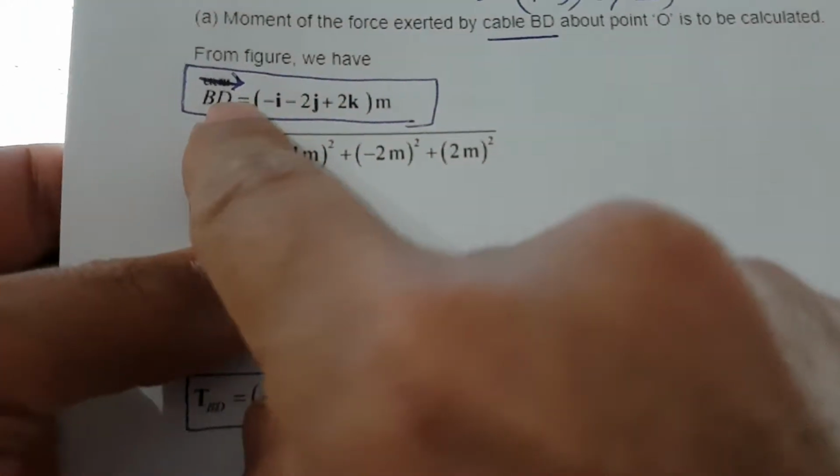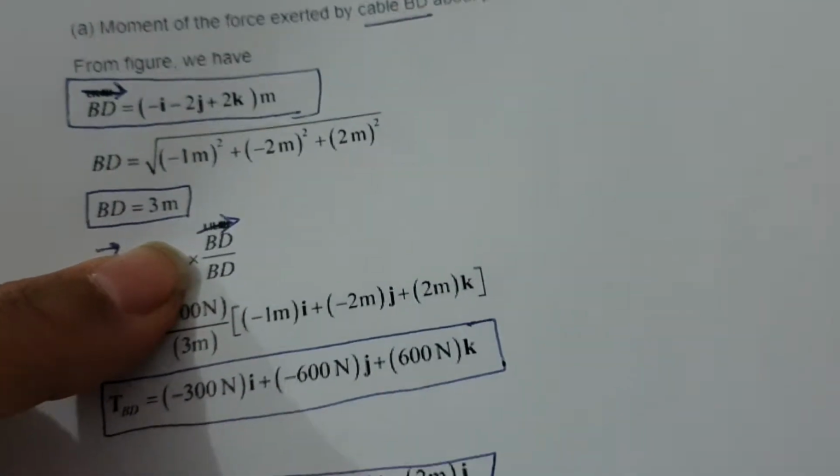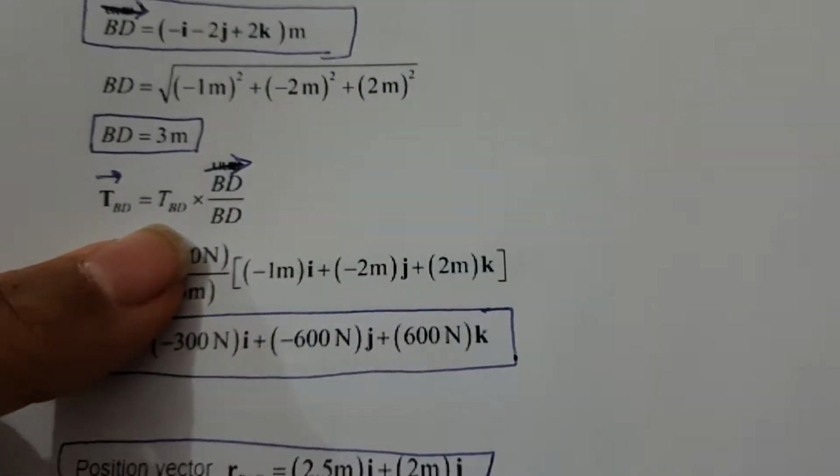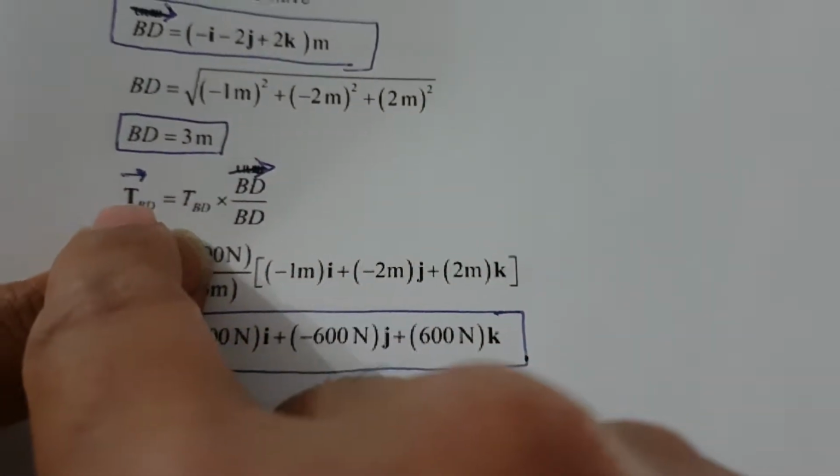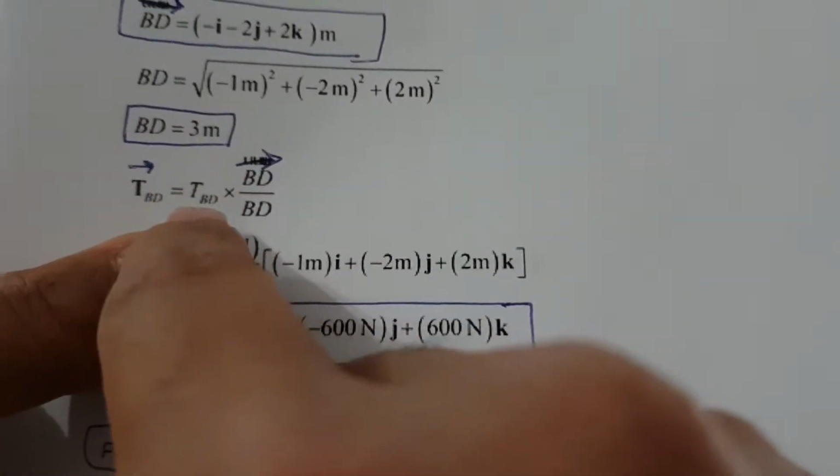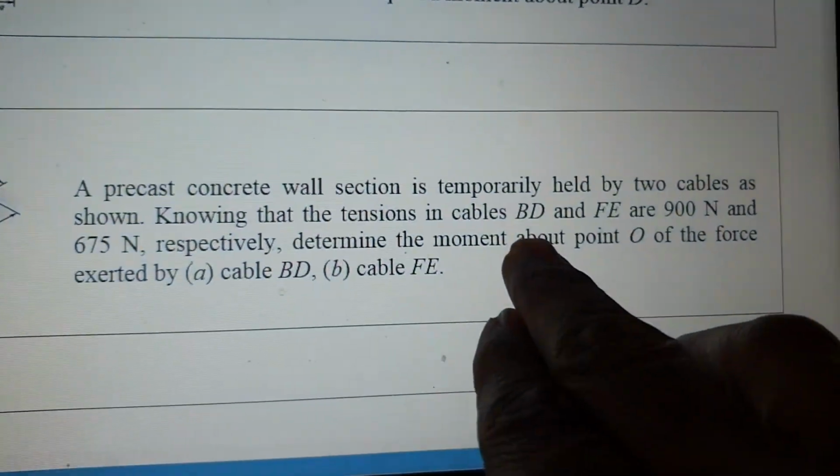Now we have the vector form of BD and the magnitude of BD. Now we find the tension BD. The tension BD in vector form is equal to the magnitude TBD, which was given. He gave you TBD: 900 Newton.